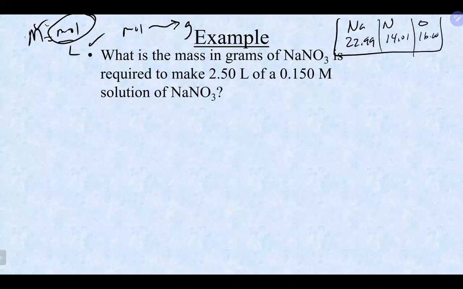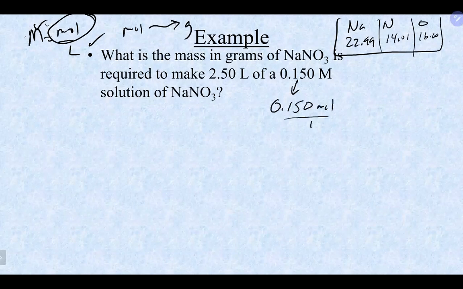So once again, I'm going to get rid of my big M and turn this into 0.150 moles per liter of sodium nitrate. In this case, my volume is already in liters, so that's good to go. So we'll go with 2.5 liters.